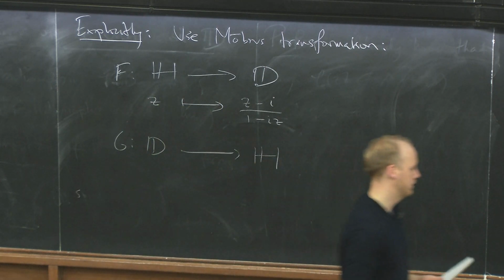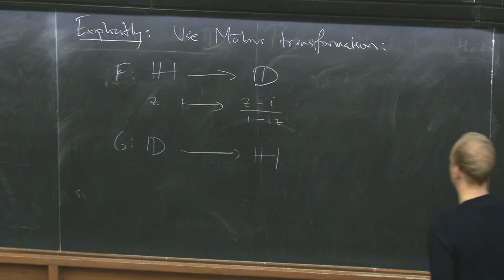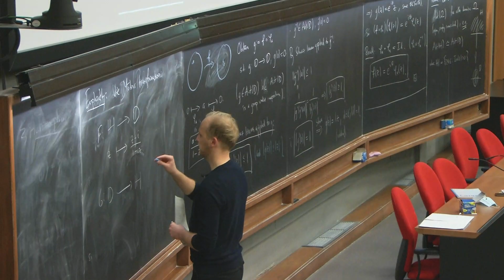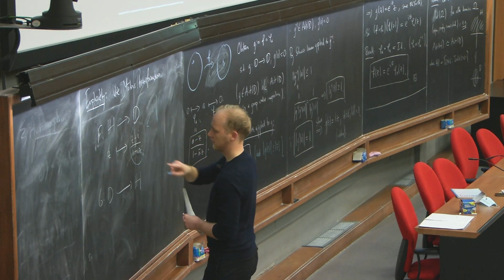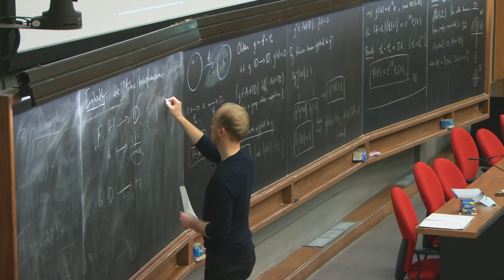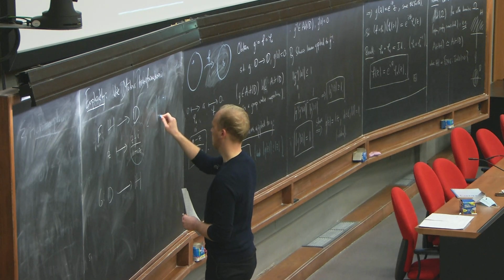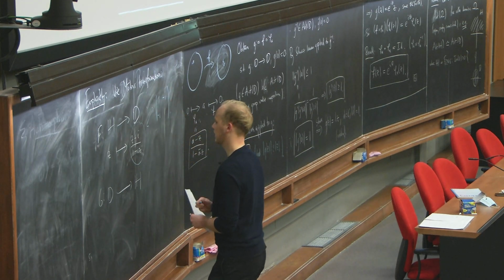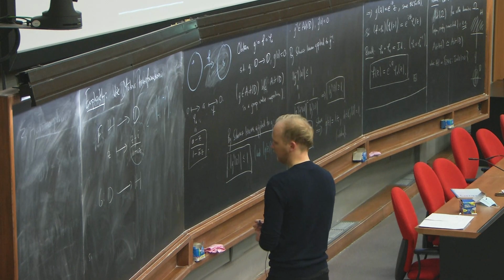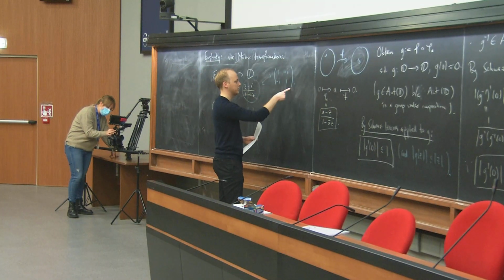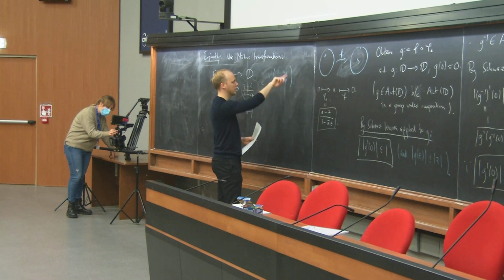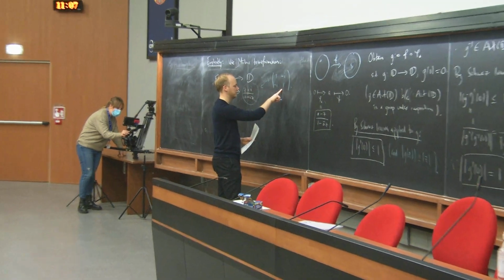And how do I find the inverse? This is a nice little repetition of what we did with the Mobius transforms. First of all, you can note that this corresponds to the matrix given by 1, minus i, and 1. To find the inverse of this Mobius transform, we had to find the inverse of a matrix, and you have this formula for inverting 2 by 2 matrices.